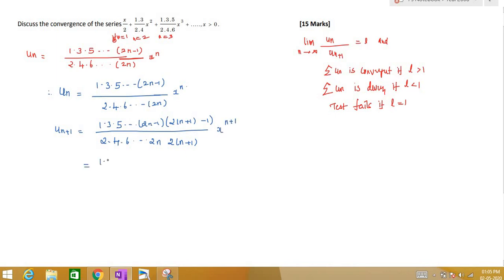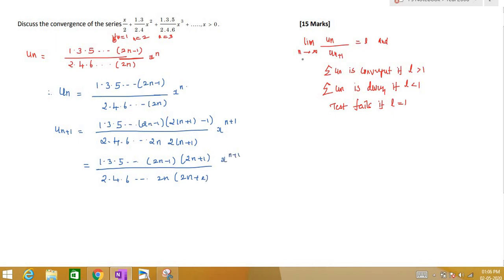So this will be equal to 1 into 3 into 5 up to 2n minus 1. By simplifying this, I will have 2n plus 2 minus 1, so it will be 2n plus 1 divided by 2, 4, 6 up to 2n into 2n plus 2 into x power n plus 1.